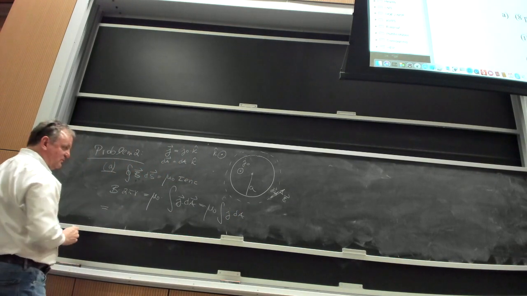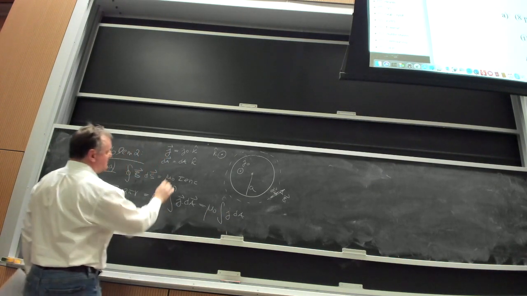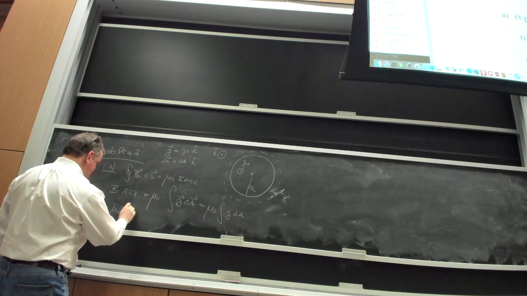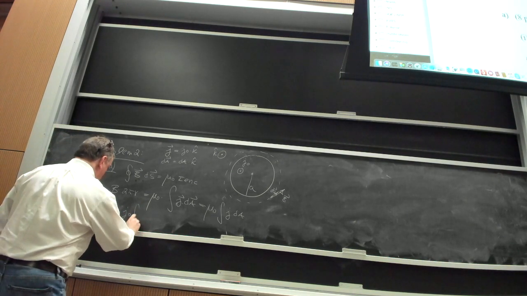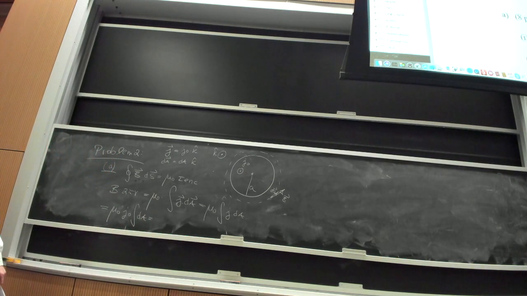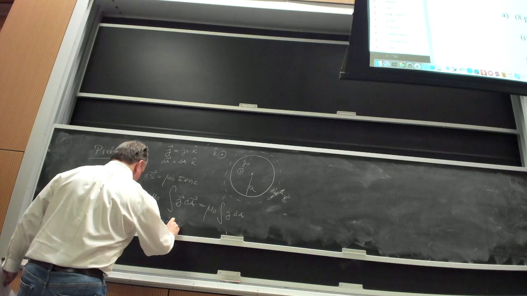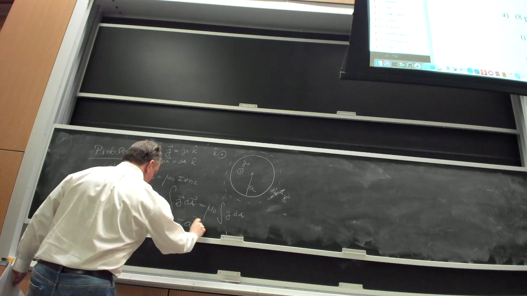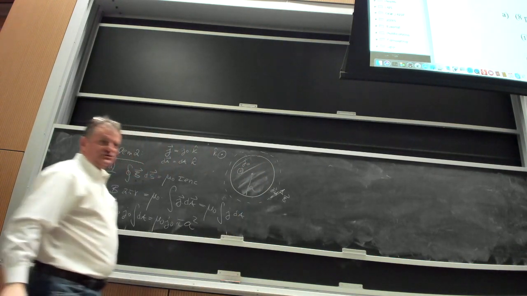And now we can evaluate this. J is simply J naught. You can take this in front of the integral and have an integral only over dA, meaning we're writing down the respective area. And in this case, this is simply mu naught J naught times pi a squared, meaning the area of this circle.